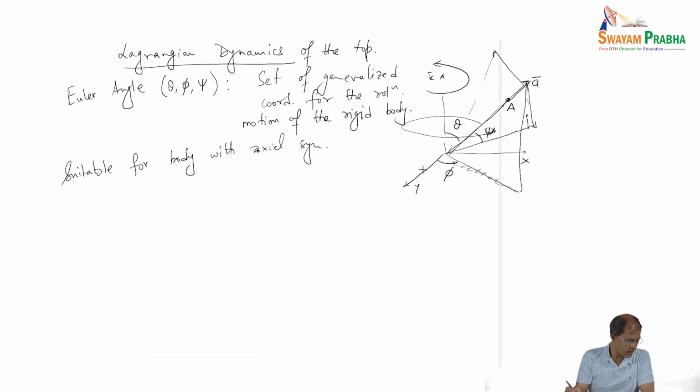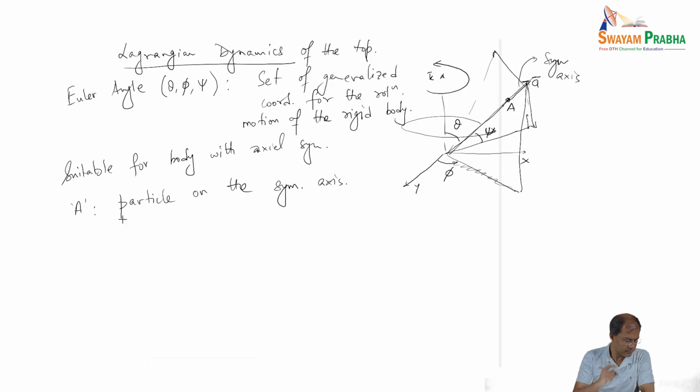We denote that point as A. So let A be a particle on the top, on the symmetry axis. We call this my symmetry axis.